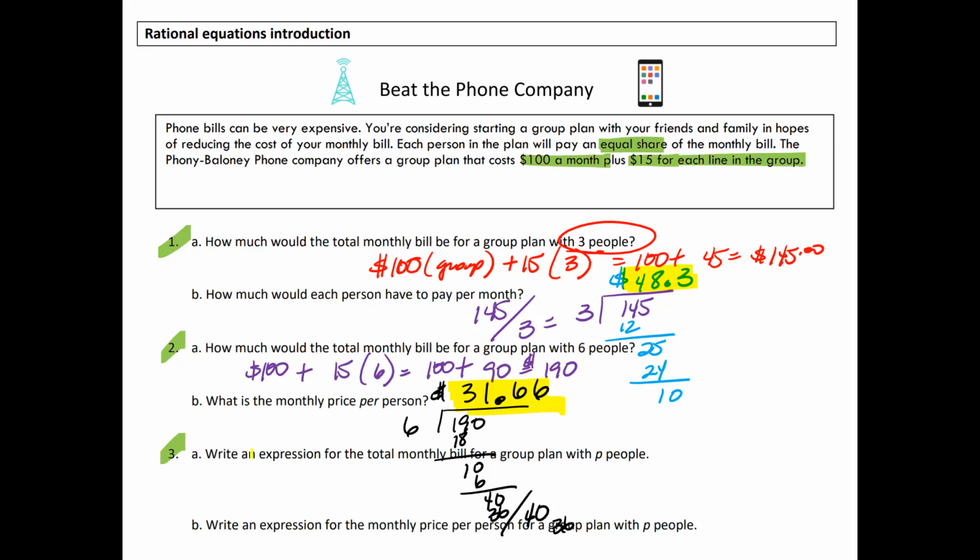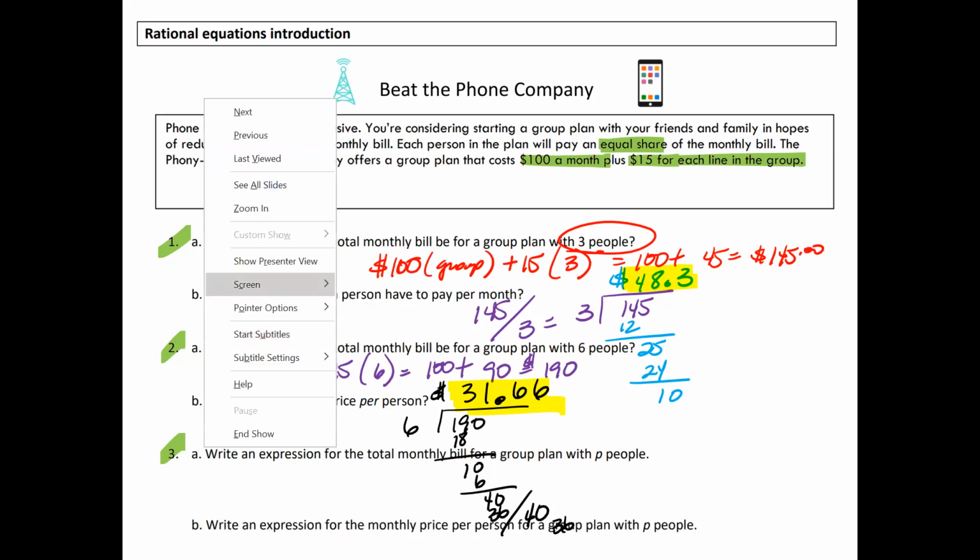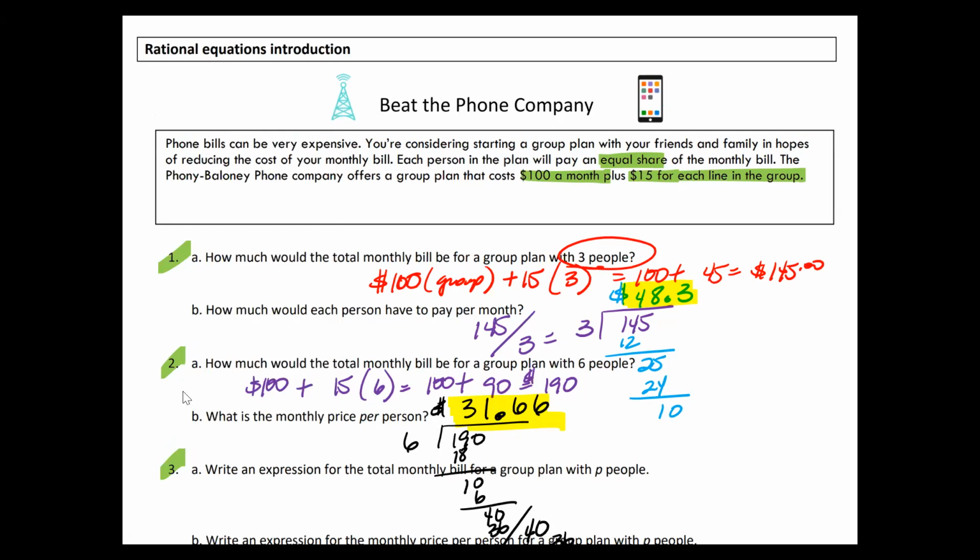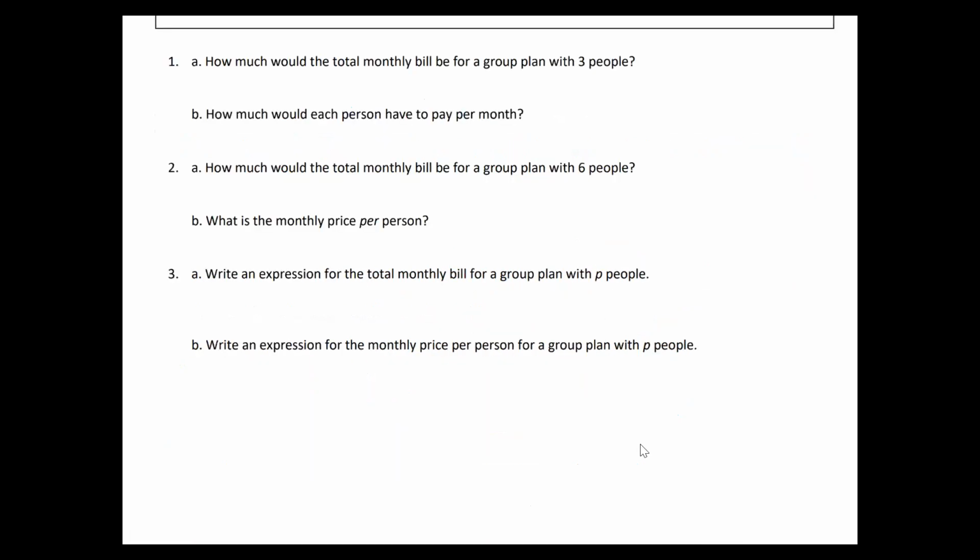So 3A says, write an expression. So take a moment and think about where your variable is going to be, and what your equation would look like. So write an expression for the total bill for a group of P people. So people is going to be the letter P, okay?